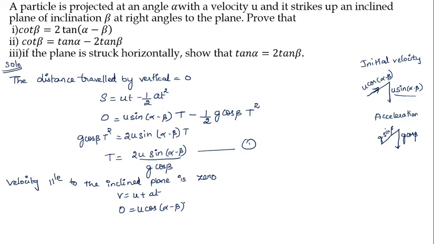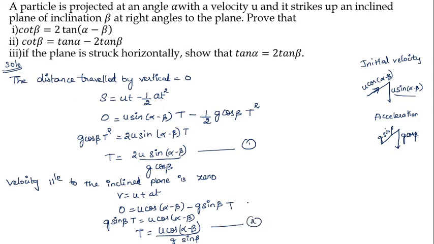So it is minus g sine beta because it is opposite to the gravitational force, and t we are considering this capital T. When this minus g sine beta T goes to the other side, that will be positive. g sine beta T is equal to u cos alpha minus beta. So your T is equal to u cos alpha minus beta divided by g sine beta. Okay. Mark this as equation 2.